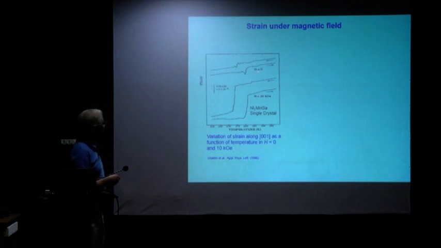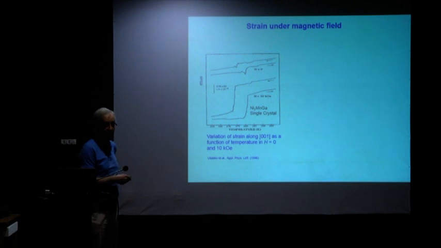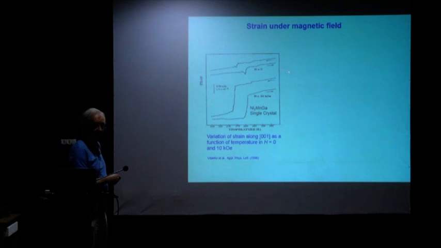Now, if you don't have a magnetic field and you are in the austenite state at about 295 Kelvin, in the cubic state, and you just change the temperature, what you find in nickel manganese gallium, the shape memory alloy, is that when you go through the transition, there's very little change, and it goes down.